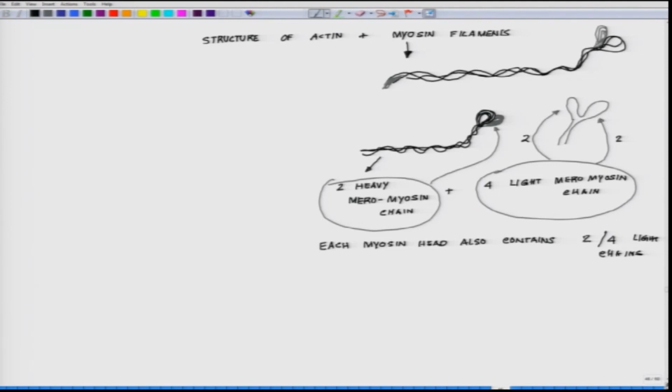The actin filament contains 3 proteins. Okay, let us put another color to this. Once again, we talked about the myosin. Let me talk about the actin filaments. Actin contains 3 proteins. One is actin itself.